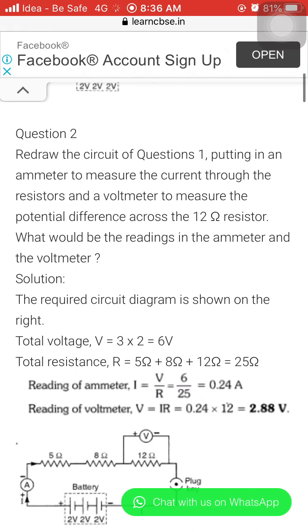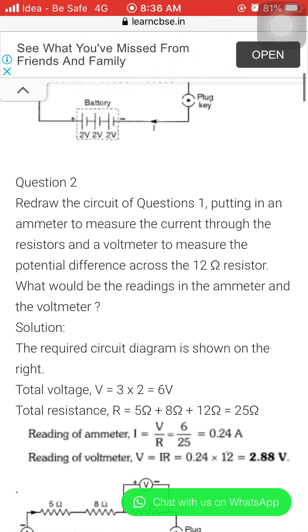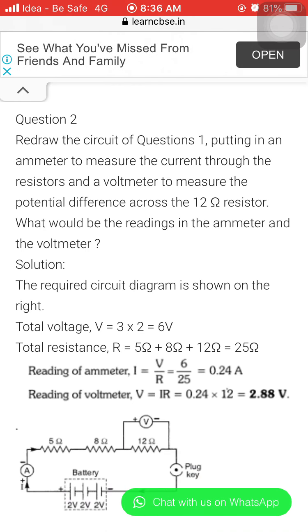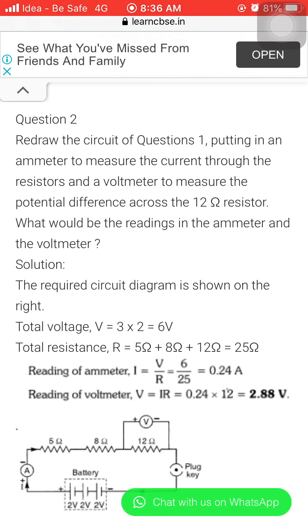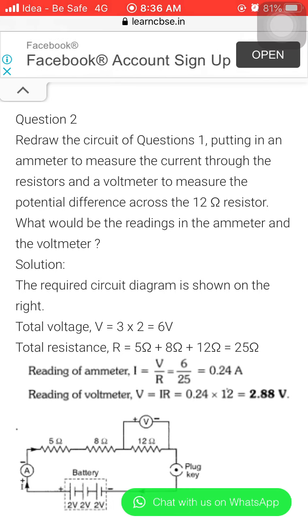Now next question we have, question number 2. Redraw the circuit of question 1, putting in an ammeter to measure the current through the resistors and a voltmeter to measure the potential difference across the 12 ohm resistor. What would be the readings in the ammeter and voltmeter? Reading in the ammeter means you have to find the current, and reading in the voltmeter means you have to find the potential difference.